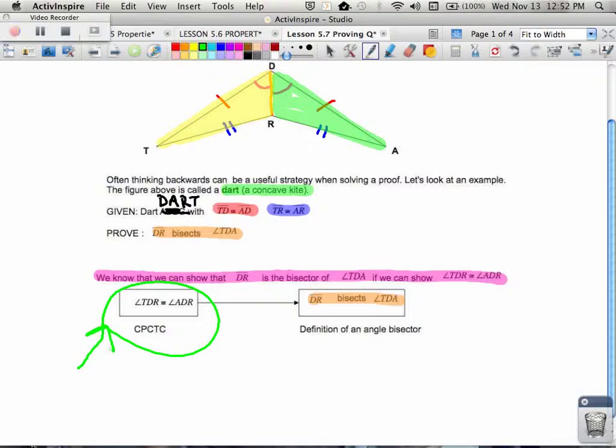So working backwards, in order to have corresponding parts of congruent triangles, I need to have two triangles being congruent. So I look at that picture and I want to show that the yellow triangle and the green triangle are congruent to each other. How do we do that?